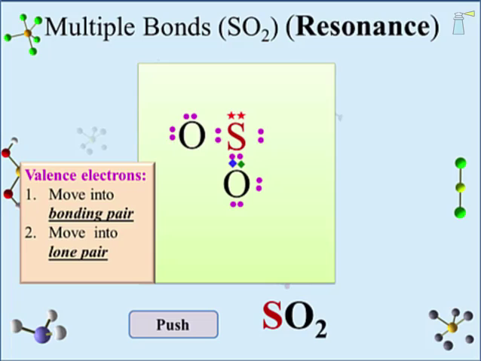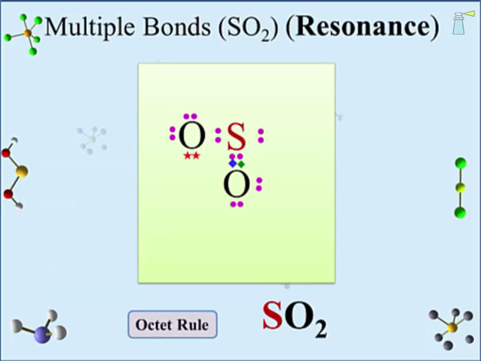If we do that, sulfur will still get to count them and will still have 10 valence electrons. But if we move them into a lone pair position on the oxygen, sulfur will no longer get to count them. Only the oxygen will. Moving the pair over to oxygen changes the number of valence electrons on the atoms involved in the transfer.